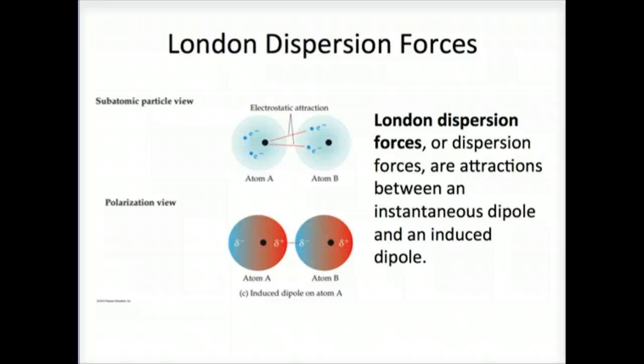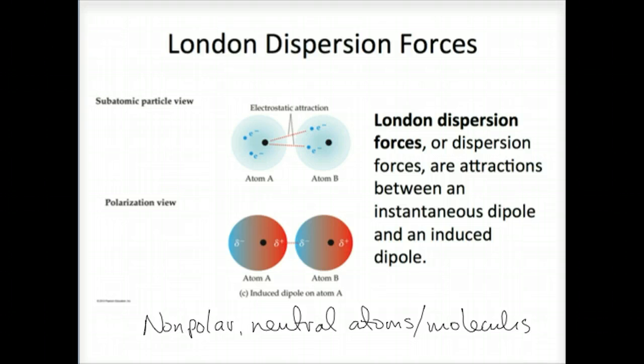Now, the reason we know that this has to happen is because nonpolar compounds or neutral atoms and molecules change. In other words, the fact that we can make nitrogen gas become a liquid, or helium gas become a liquid, or argon gas become a liquid implies that there is something going on. There is something that allows that to occur.